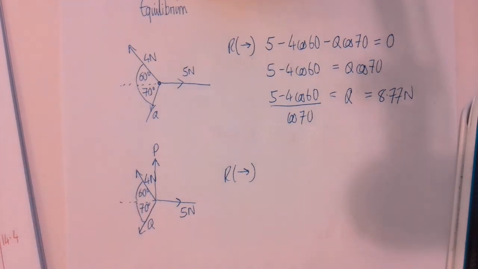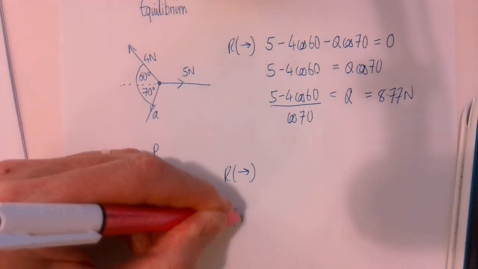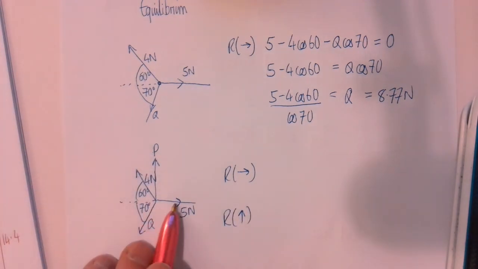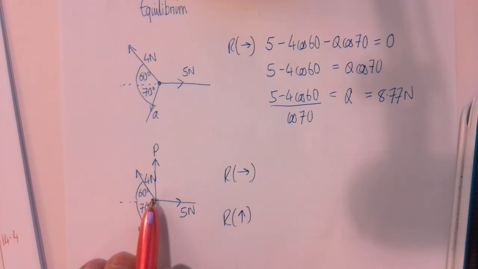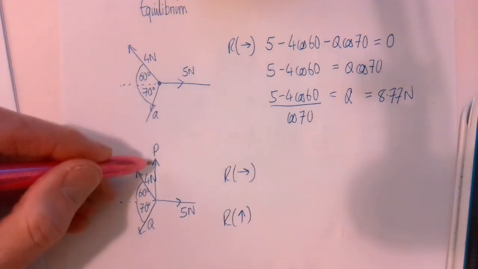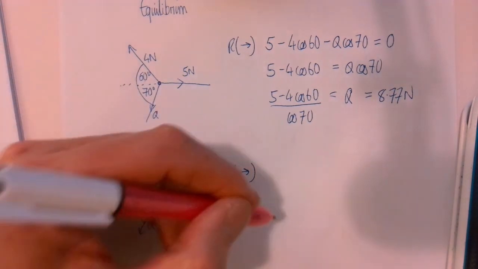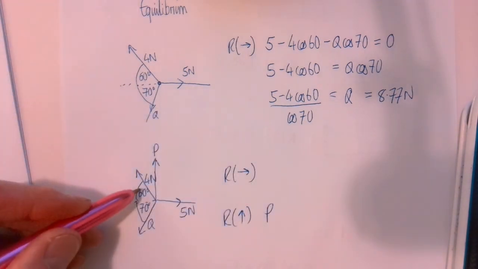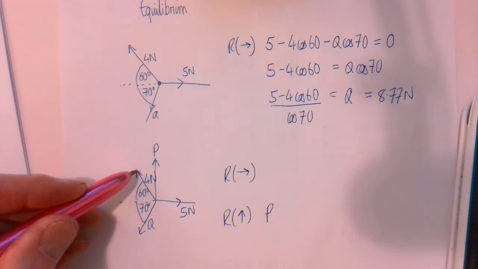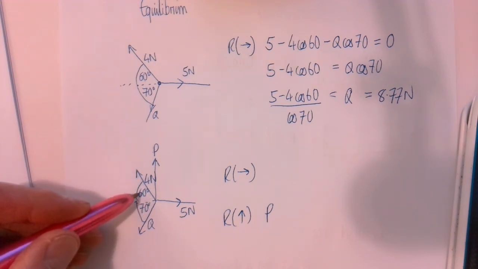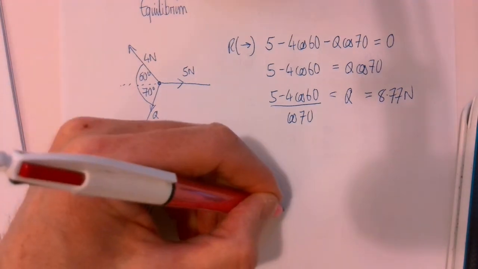So to work out P, I would then have to resolve vertically, and that means this 5 newton force will have no effect because that's at right angles to vertical. So I've got P, and that's not at an angle, so it's just P acting upwards. I've also got this 4 newton force, which has an upward effect. I don't know the angle between the verticals, so it's going to be 4 sine 60 or cos 30.